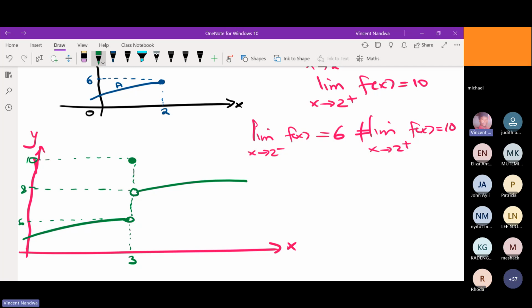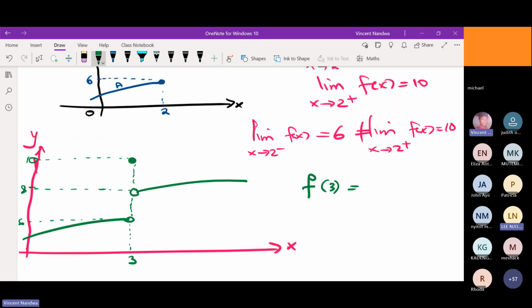So let's have that sketch. And I would like you to tell me the value of this function at 3. What is f at 3?